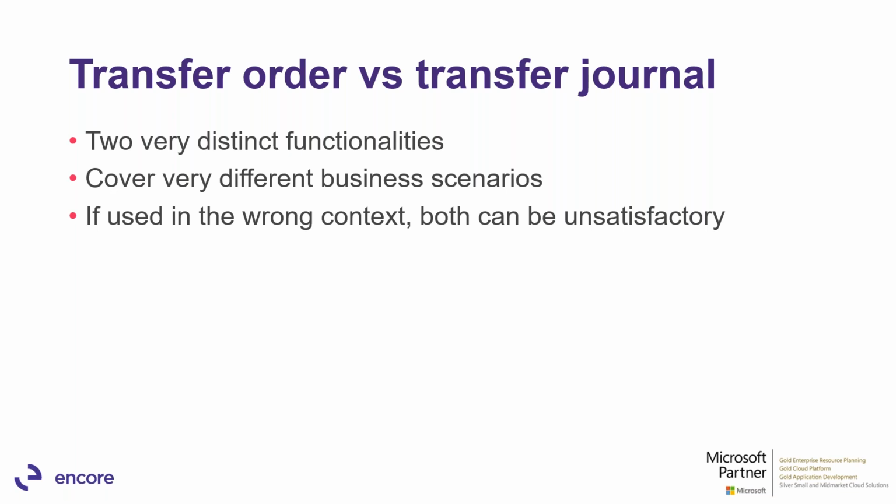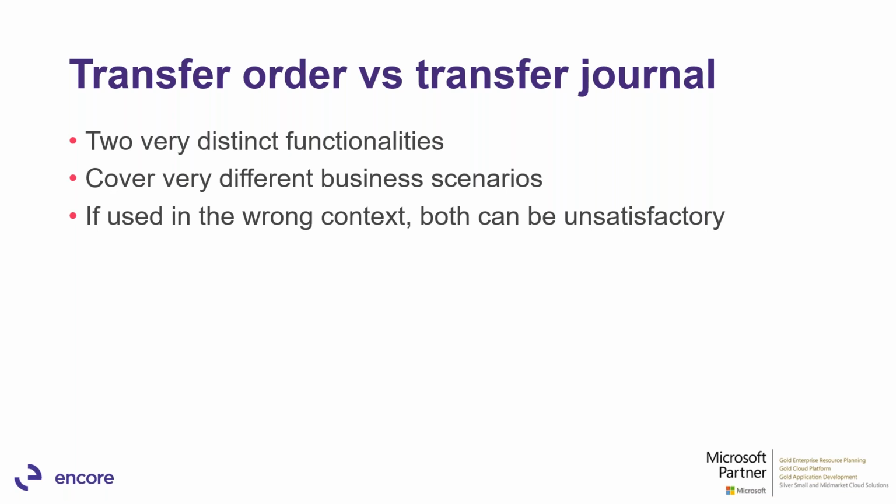So if I can help that, that would be wonderful. It is very important to understand that D365FO and previous versions of this system offer two distinct functionalities for physically moving inventory between inventory dimensions. And please note that I did not say storage dimensions. I indeed say inventory dimensions, and we will talk about what that means exactly a little bit later.